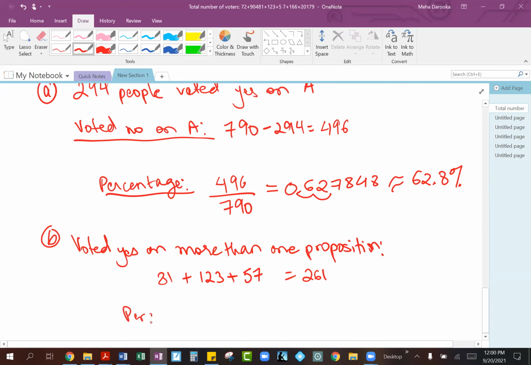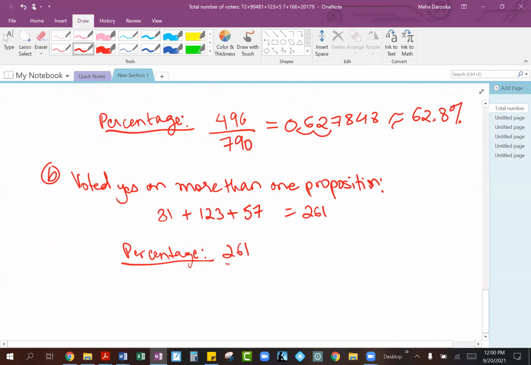So same thing, guys, for your percentage. You take the 261 and then divide it by the total number of voters. And what kind of numbers are we looking at here for this guy as a percentage? 0.3303, and then it continues on. Okay, so obviously it's going to be a smaller percentage because your number of people is 261.